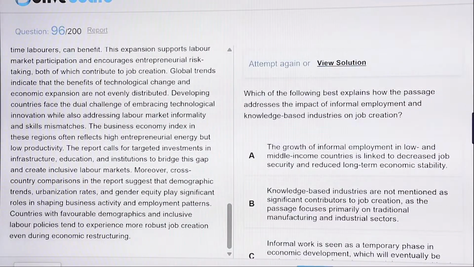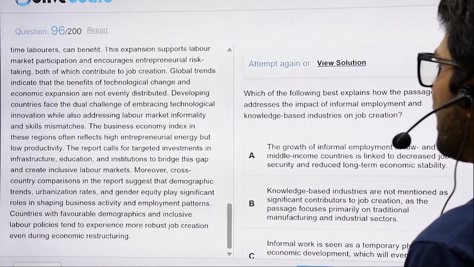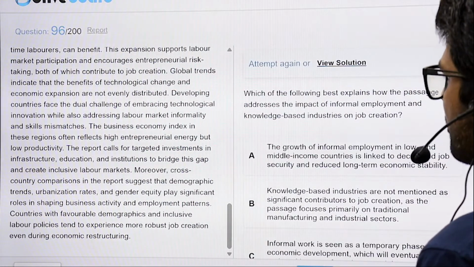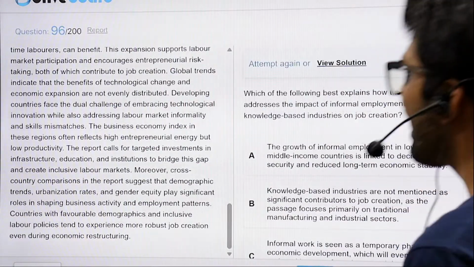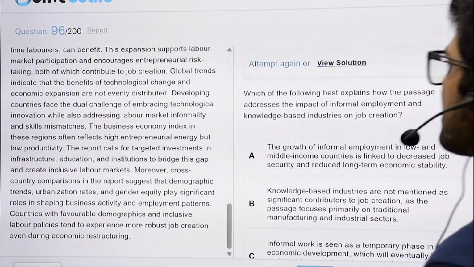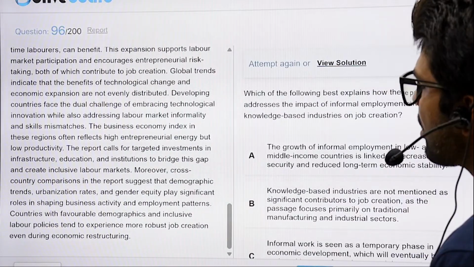Global trends indicate that the benefits of technological change and economic expansion are not evenly distributed. Developing countries face a dual challenge of embracing technological innovation while also addressing labor market informality and skills mismatches. The business economy index in these regions often reflects high energy but low productivity.